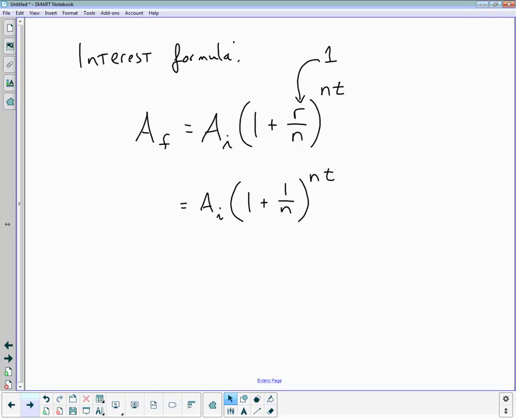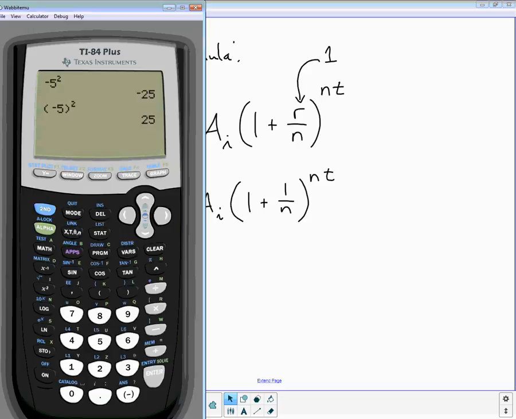So just to do the math real fast, put up a calculator. Remnants from Algebra 1. All right. If I'm going to deposit $1,000 in a bank account with 100% return, and I compound twice a year, and time is 1 year.